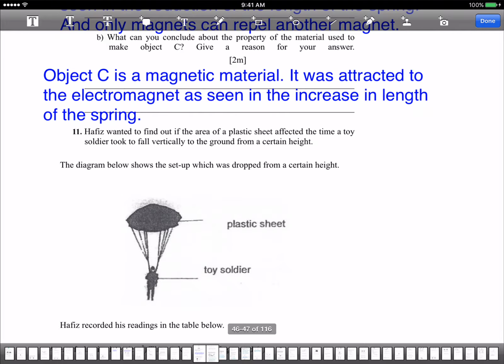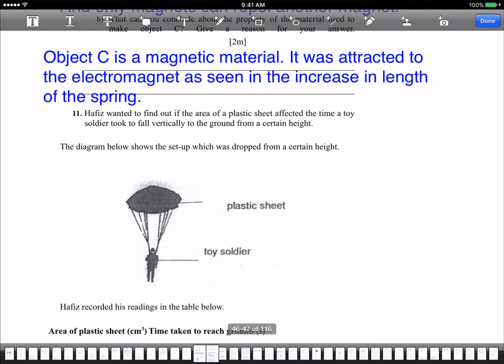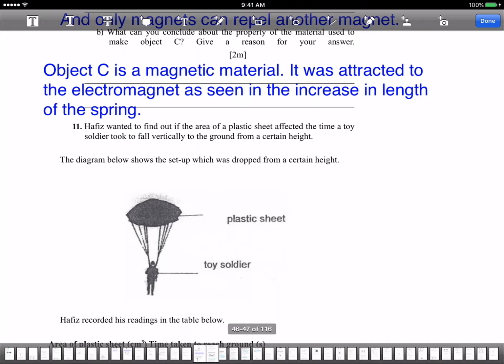Okay, so Hafiz wants to find out if the area of a plastic sheet affected the time a toy took to fall vertically. The diagram shows the setup which was dropped from a certain height, and we have the recordings as shown. What could Hafiz conclude? As the plastic sheet area increases, what happens to the time taken?